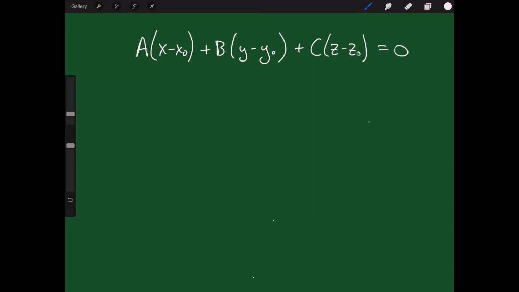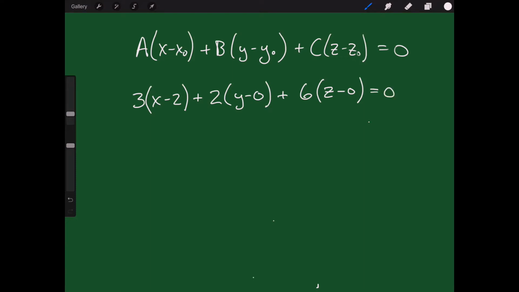So A in this case is the first component of the normal vector, which we know now is 3. So this is 3 times (x minus x0), and that point I chose to use was (2, 0, 0), so this is 2, plus b, which was 2, times (y minus y0), which was 0, plus c, which was 6, times (z minus z0), which was 0, is equal to 0.